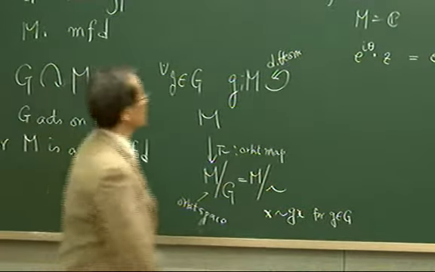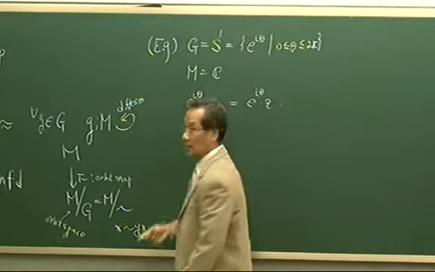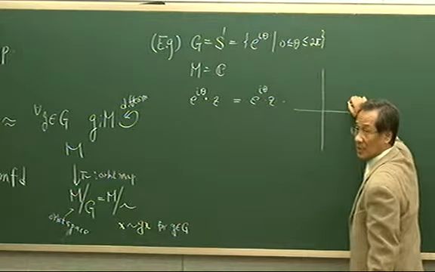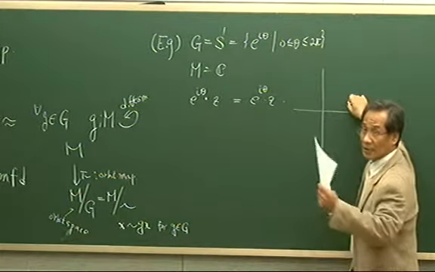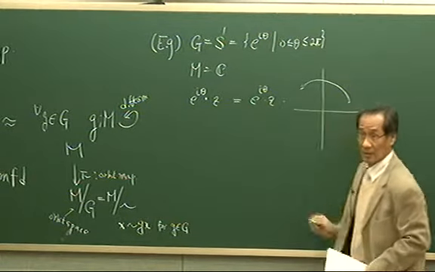Okay, so what is the orbit space of this example? Here you have the complex plane, and any point, by the action of the circle group, goes around a circle, right?